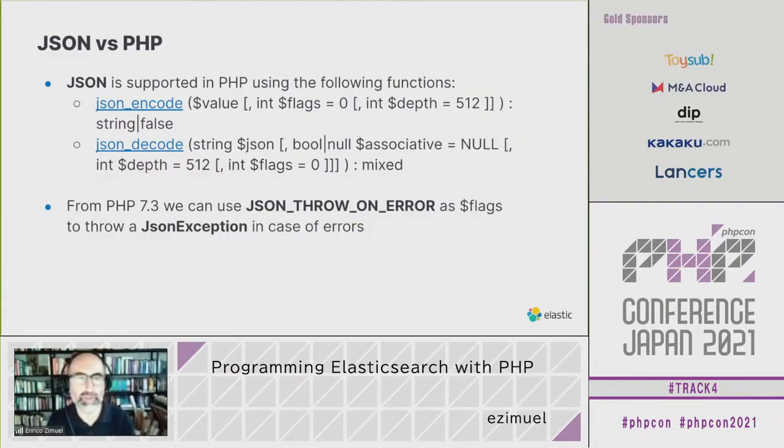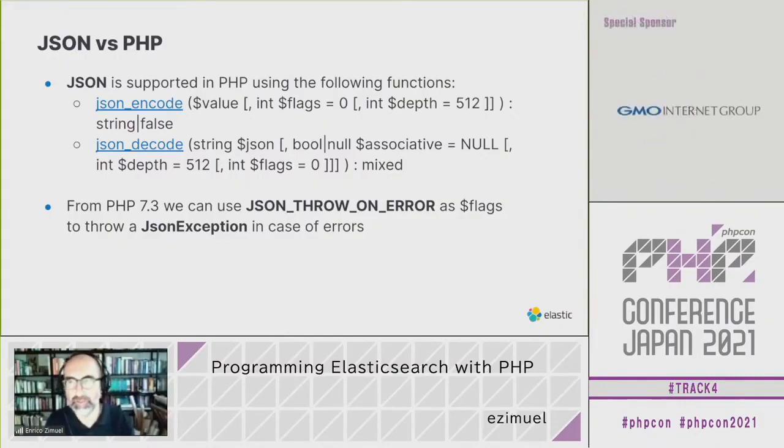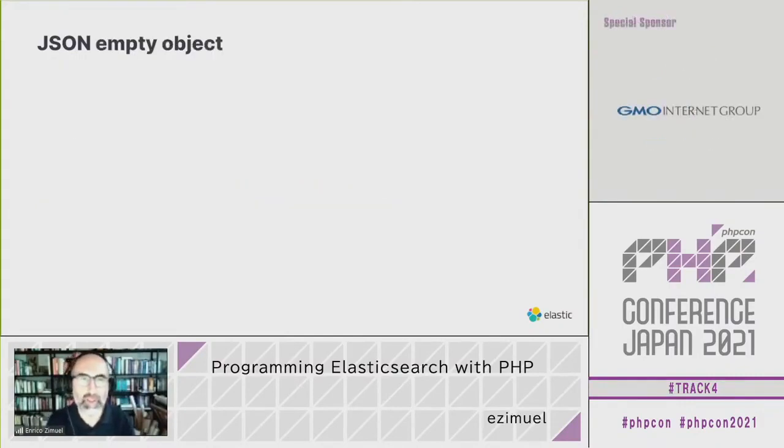So if you are using these two functions, encode and decode, and you enable the JSON_THROW_ON_ERROR parameter, then if there is some error in the JSON, the function will throw an exception, a JsonException. And of course, when we built Elasticsearch-php, we used this feature because it's very nice.